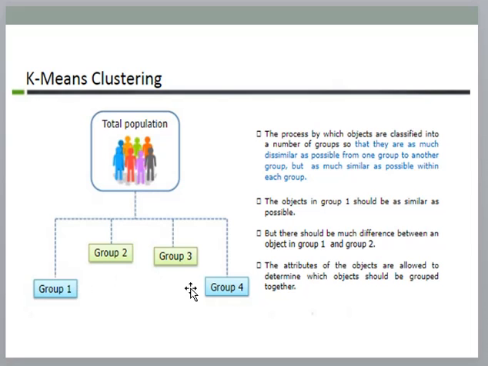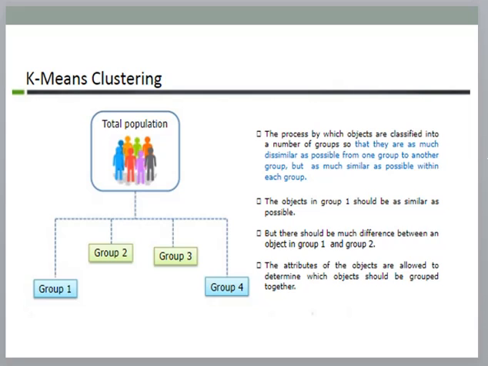These can be 4 groups, 5 groups, depending upon the input data set. The process by which objects are classified into a number of groups so that they are as dissimilar as possible from one group to another group, but as similar as possible within the group, right? This is basically the inter-class dissimilarity and intra-class similarity which we discussed in the earlier slides.